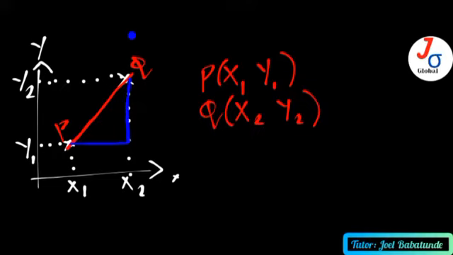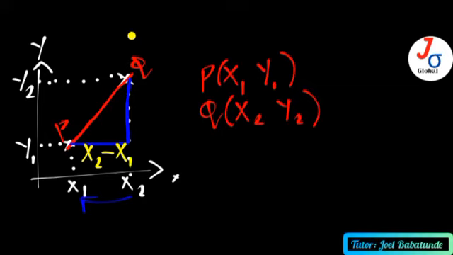Now the question we're going to ask ourselves is, what is the distance between here and here? The distance is actually the difference between these two, and that's going to be x2 minus x1.